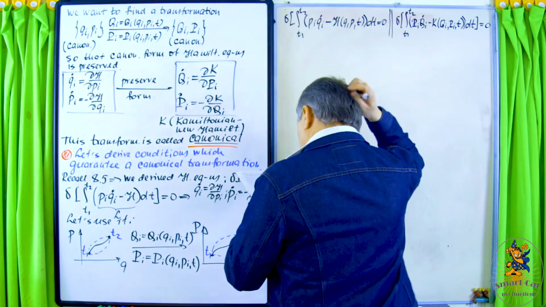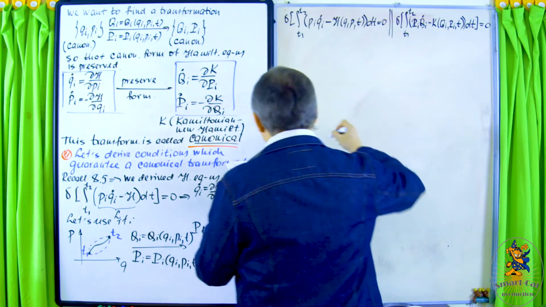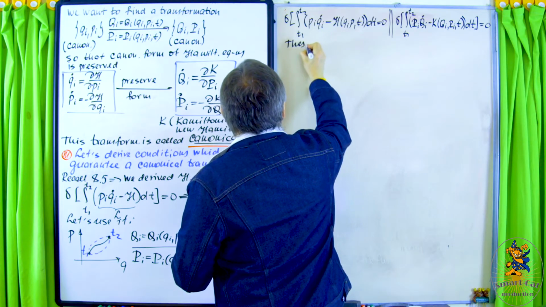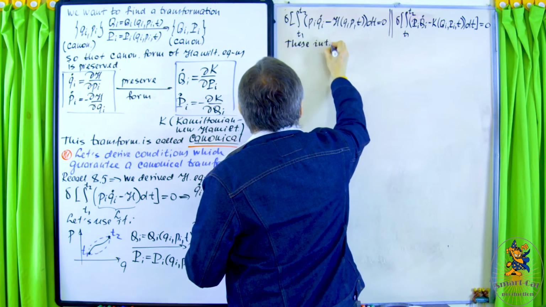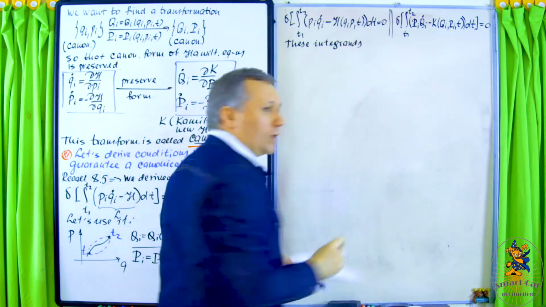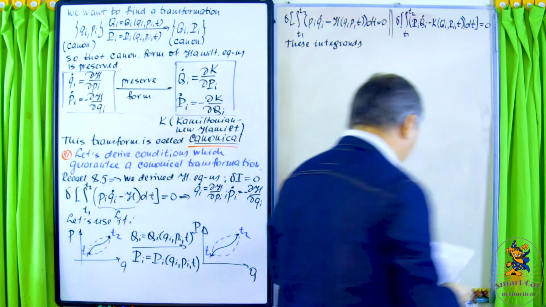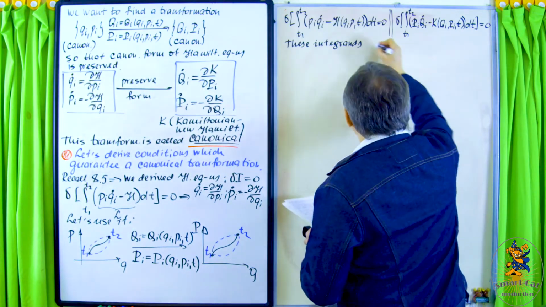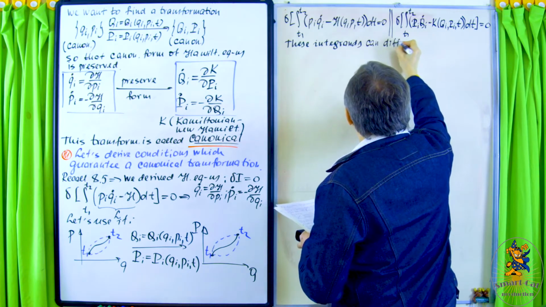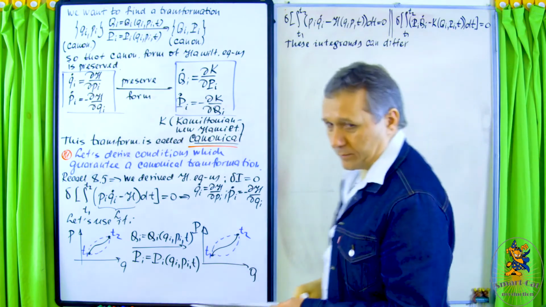Okay, so let me write this. These integrands can differ by the total differential form. These integrands, not integrals, integrands, functions under the sign of the integral, can differ, but still this will be equal to 0, and this will be equal to 0.